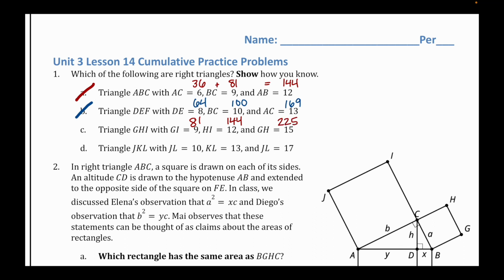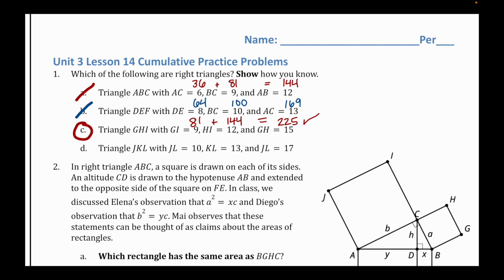I'm always a little unsure once I get past 12. I generally know 13, 14, and 15 off the top of my head, but I always like to check. And it turns out that yes, these do equal 225 if you add up 81 and 144. So we know that this one works for triangle C. So we're going to say yep and select that one.